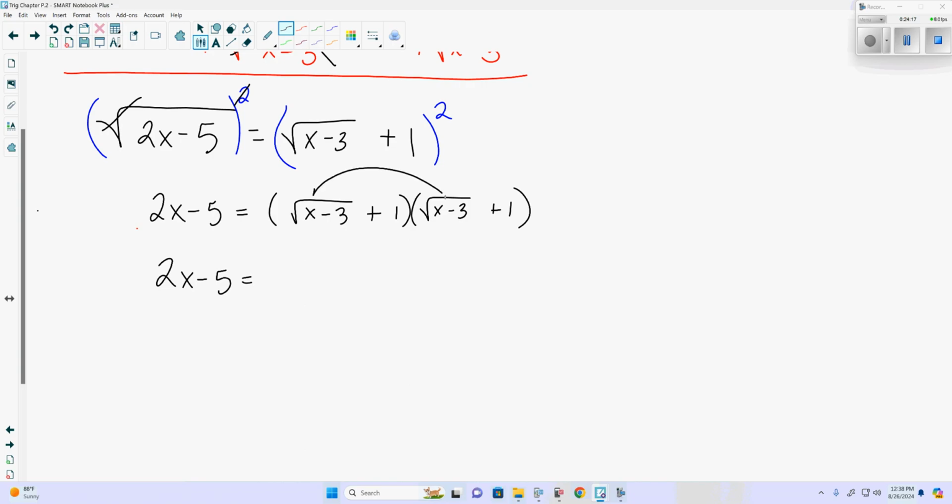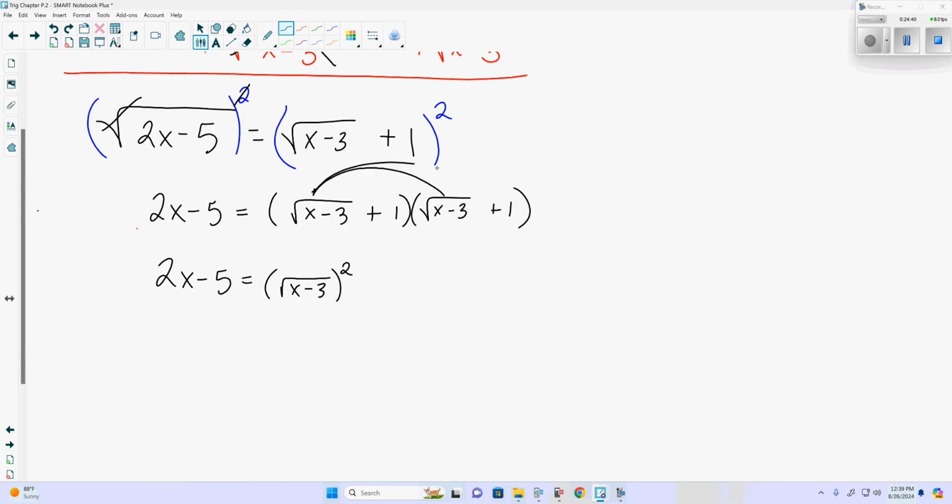Now, the first thing we're going to do is our square root of x minus 3 times the square root of x minus 3, which really is just the square root of x minus 3 squared, because we're multiplying it by itself. And whenever we multiply something by itself, it's being squared.